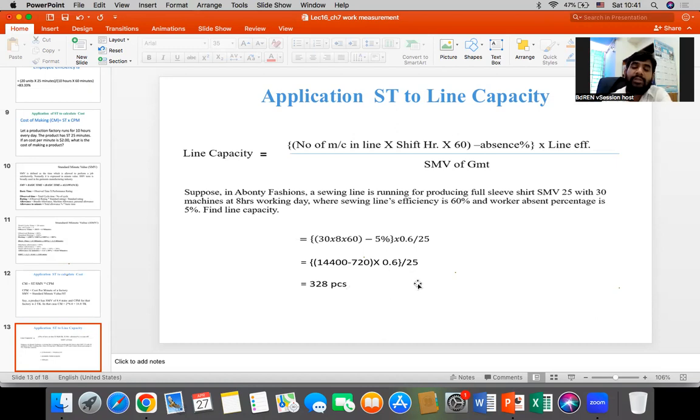If there are 20 assembly lines in Walton, how many refrigerators can the company produce in a day of 8 hours? Multiplied by the number of assembly lines. This is how you can calculate the line capacity.